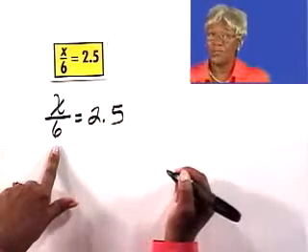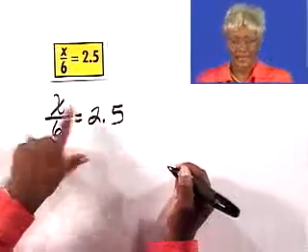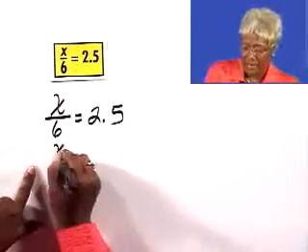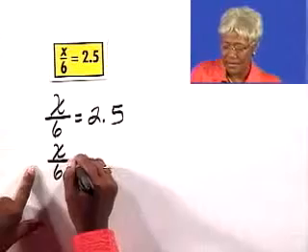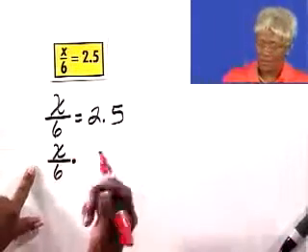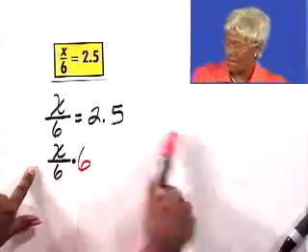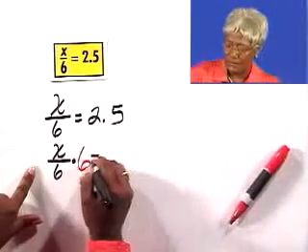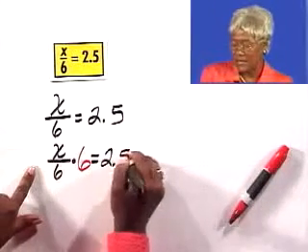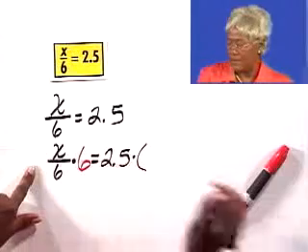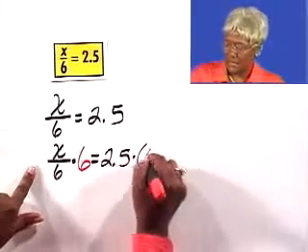What am I going to multiply both sides by? By 6. So it's x over 6 times, I'm going to use a red pen this time, equals 2 5/10 times 6.